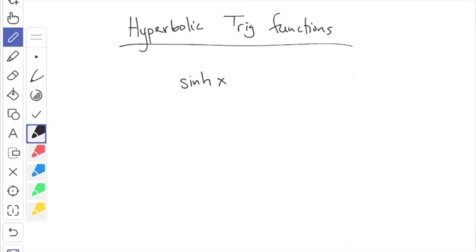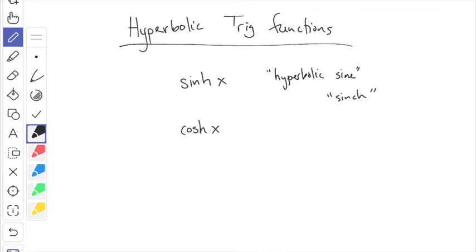This is called the hyperbolic sine function, and it is pronounced sinch, which sounds really stupid to me. I don't know if anybody feels the same way. There's the hyperbolic cosine, which is pronounced cosh, because it looks like cosh, I guess. The first one doesn't really look like sinch.